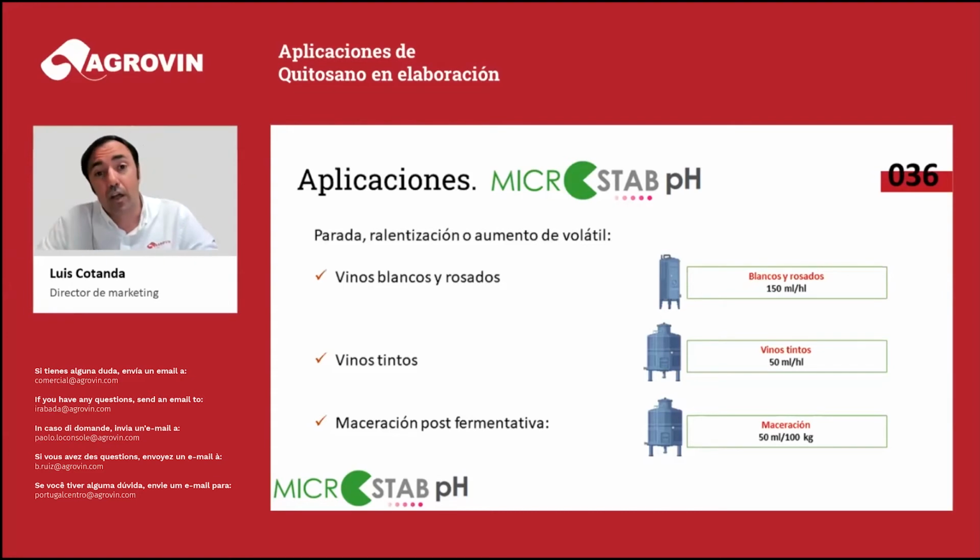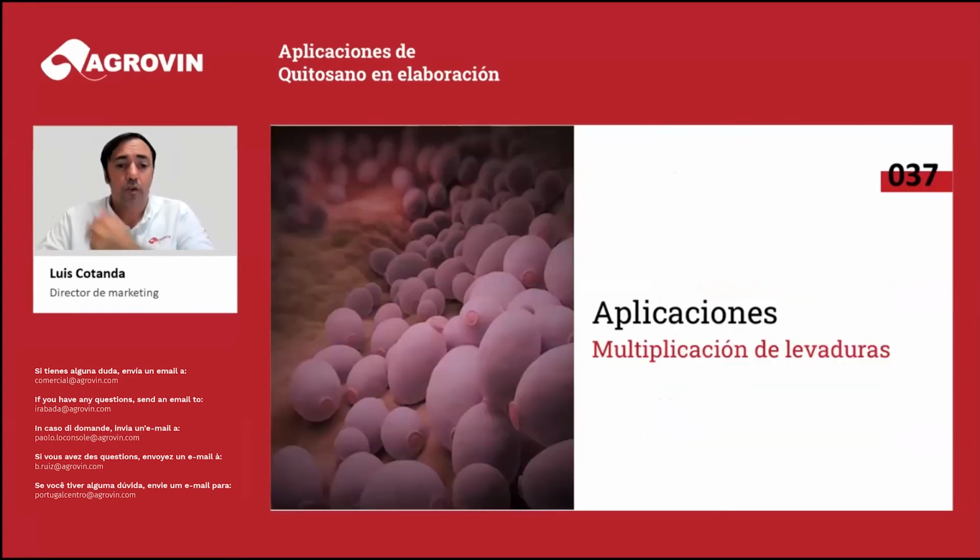If the grape has stopped fermenting, so as to be sure that there will be no development of lactic bacteria, with the problems that there would be a fermentation at that moment with the skins and everything, we can add 50 milligrams per 100 kilograms, and with this we will be sure that there will be no development of microorganisms.